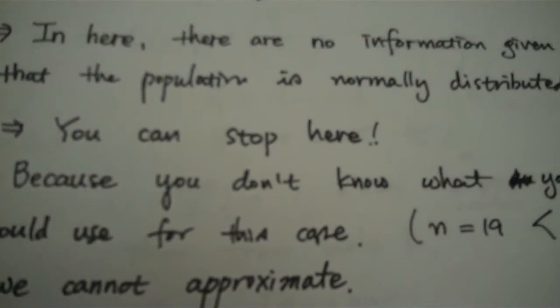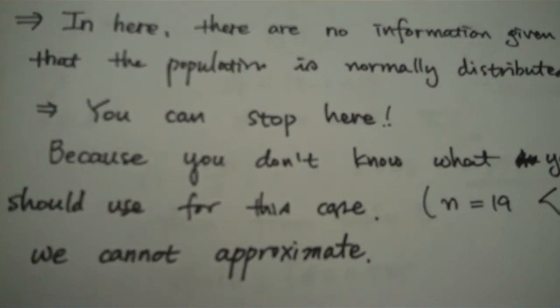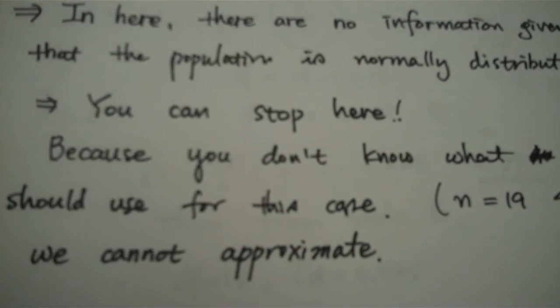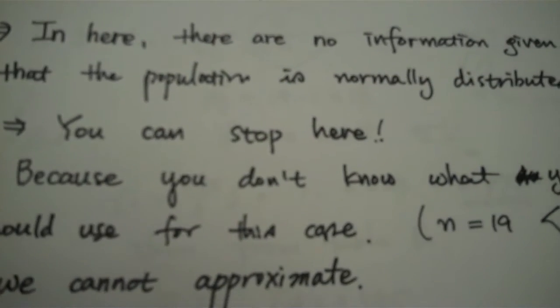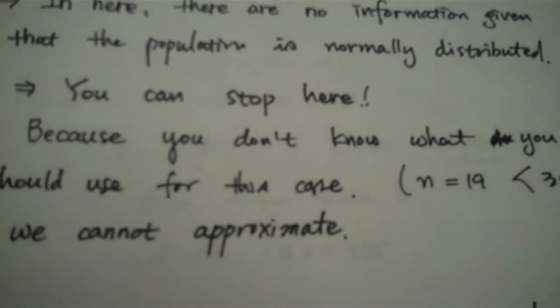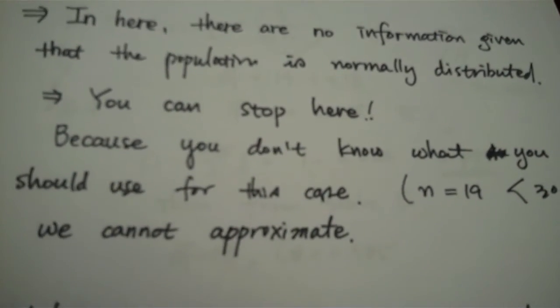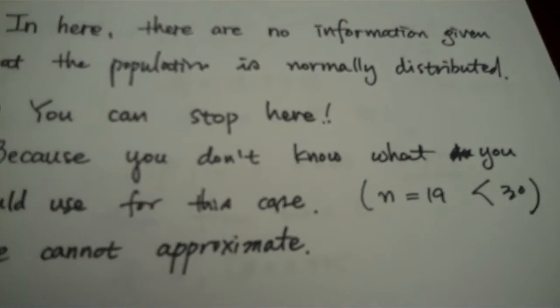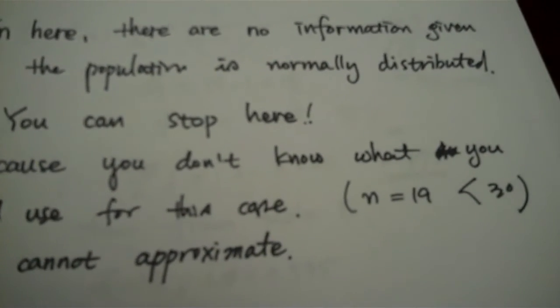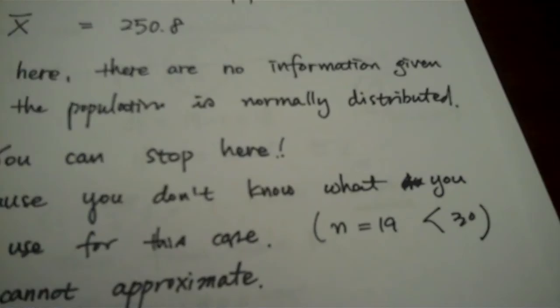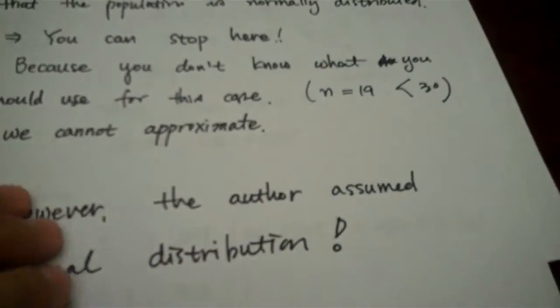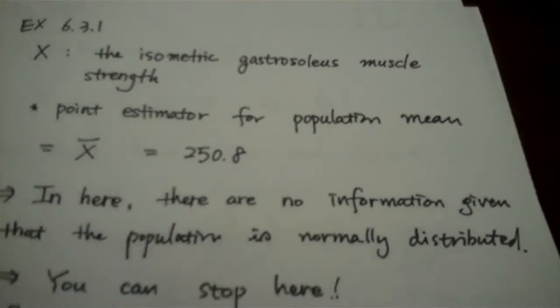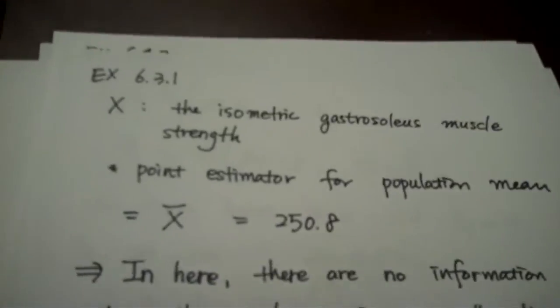If you see this kind of case in the real world or in the exam, you stop there and say, well, we need more information, we need to get more samples. But here, to solve this question, the authors assume a normal distribution, so we just follow that assumption.